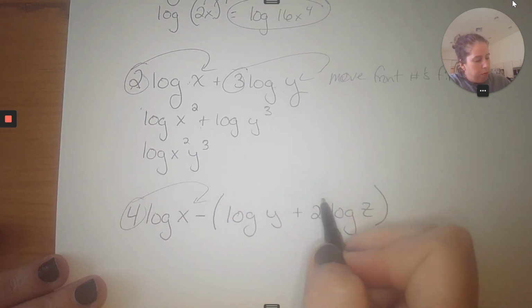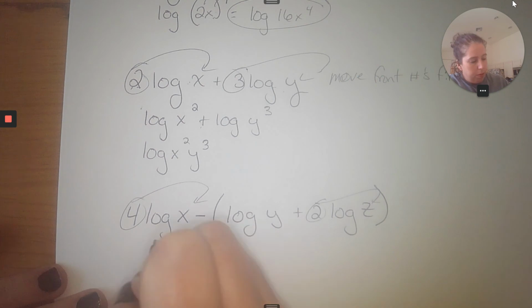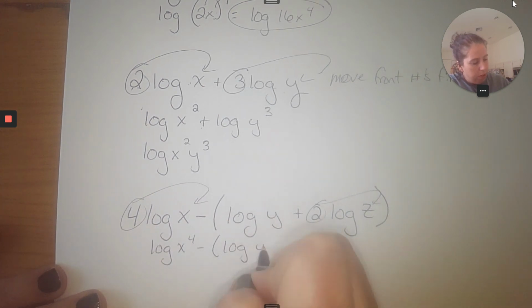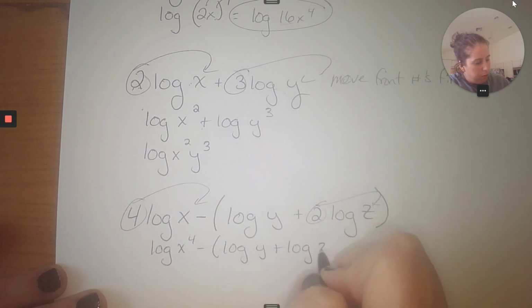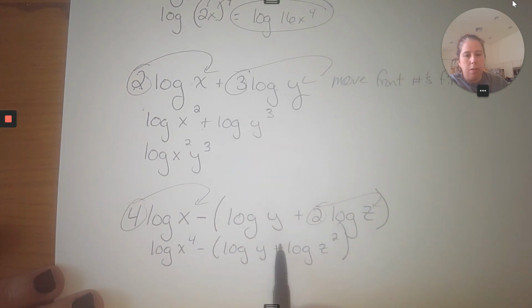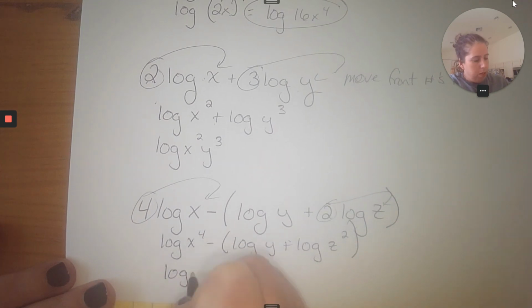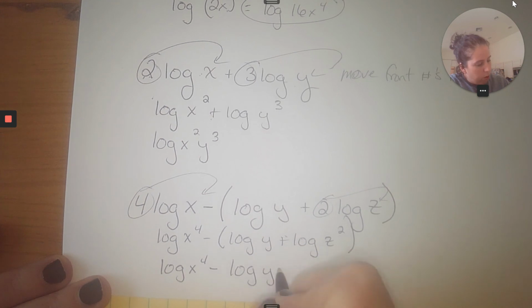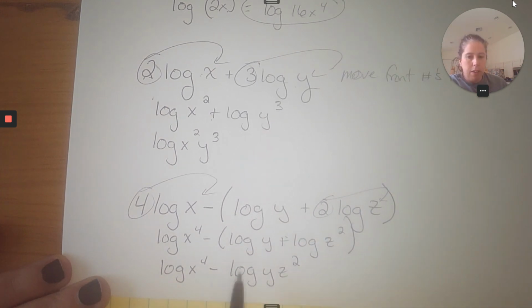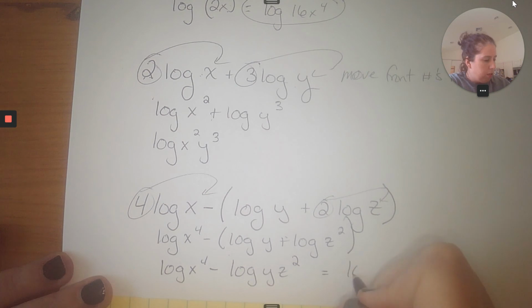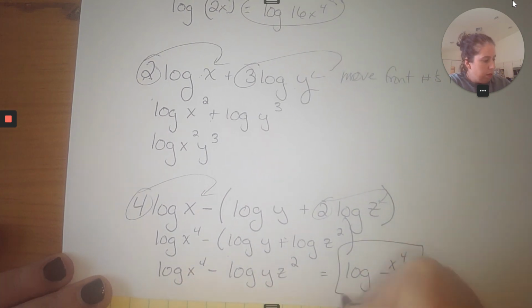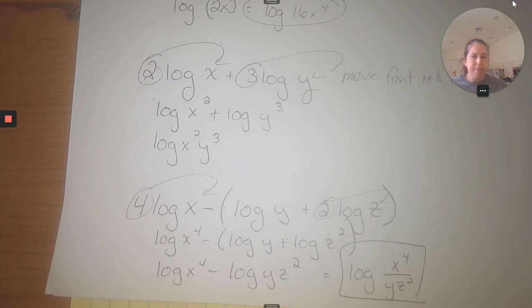So we've got log x to the fourth minus log y plus log z squared. Parentheses first, so log x to the fourth minus log yz squared. The minus means divide, so you should have log of x to the fourth over yz squared.